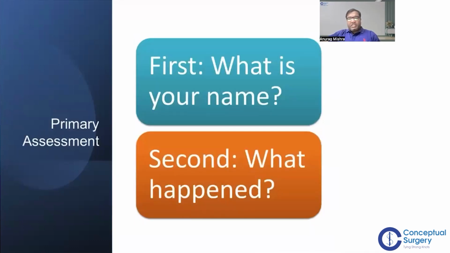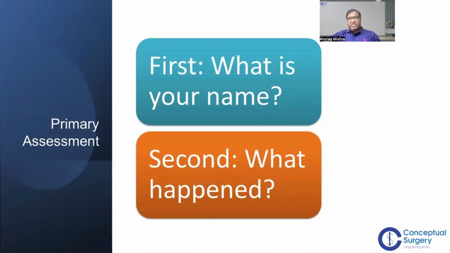Now, while assessing airway, the first thing is you ask what is the patient's name and what happened. This will give you some context about what happened or what the symptoms are, but it will also tell you a fair bit about the airway, breathing, some circulation, and even to some extent the consciousness of the person.